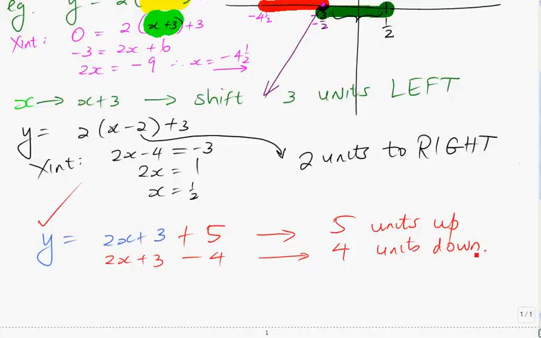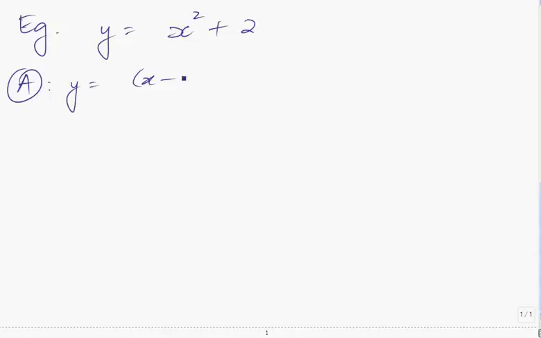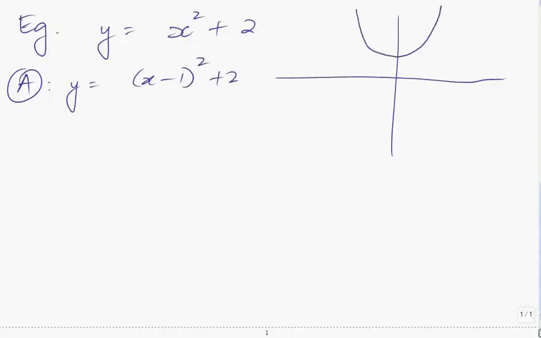So, for example, if you have the function, let's take the parabola, y equals x squared plus 2, and you consider the parabola y equals x minus 1 squared plus 2. The original parabola x squared plus 2 is like this. It crosses through 2 there. That's the original parabola. But if you have x minus 1 all squared plus 2, the graph will go 1 unit to the right.